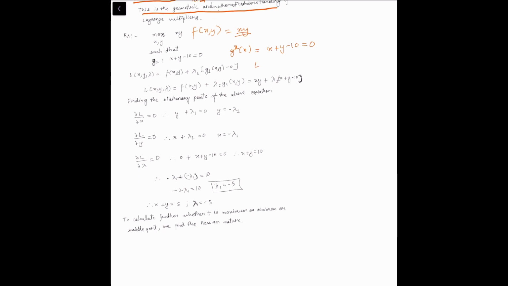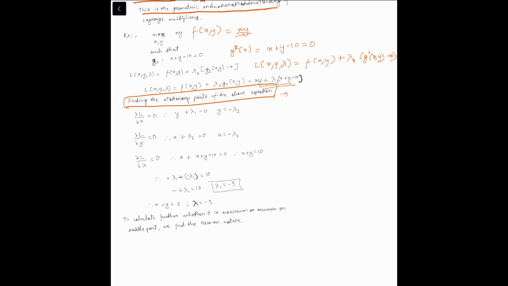Now the Lagrangian formulation L of x, y, lambda, this is how you write the Lagrangian: f of x comma y plus lambda 1 times g1 of x comma y minus 0, which is this one.